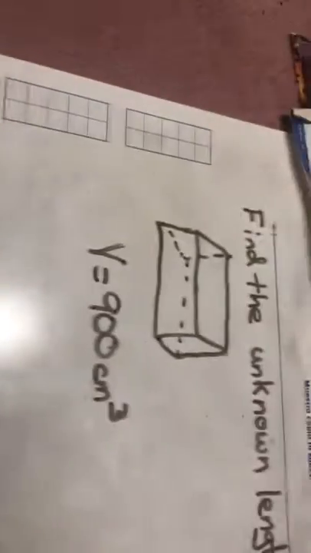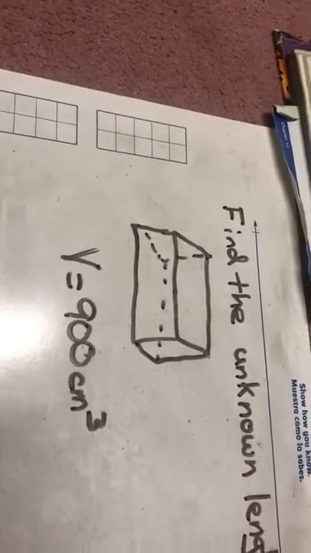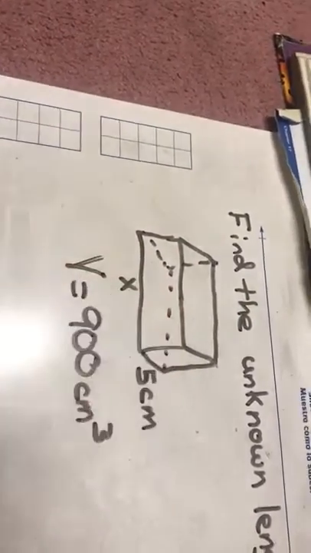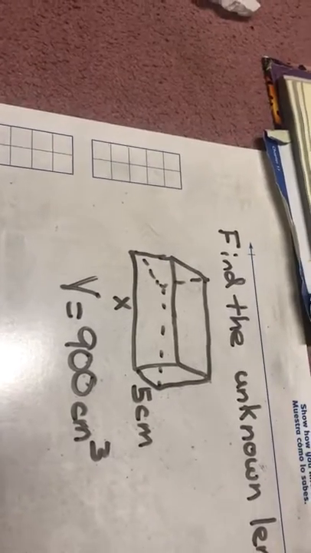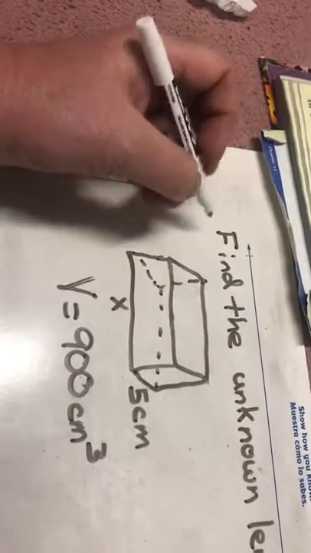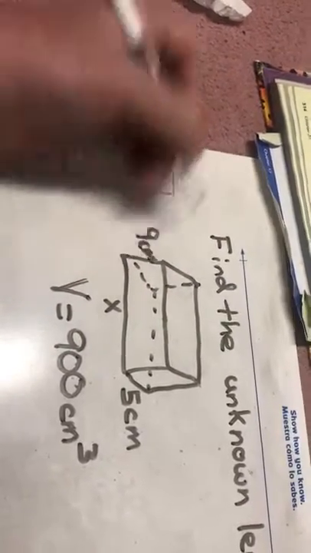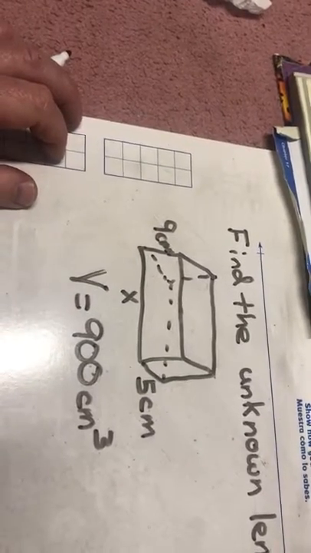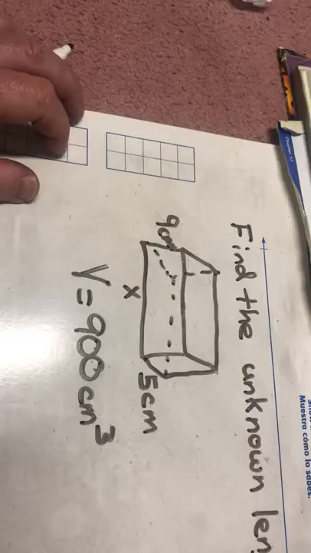We're going to say that the volume is 900 cubic centimeters. All right, and we're going to see here that that distance is x. This distance is 5 centimeters. This distance is 9 centimeters.